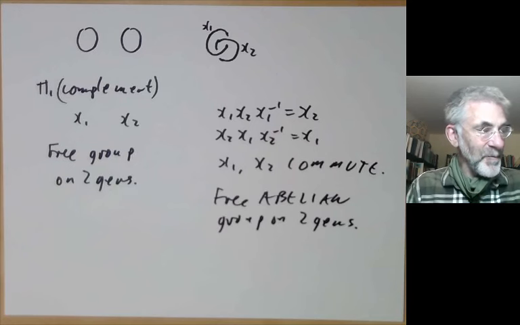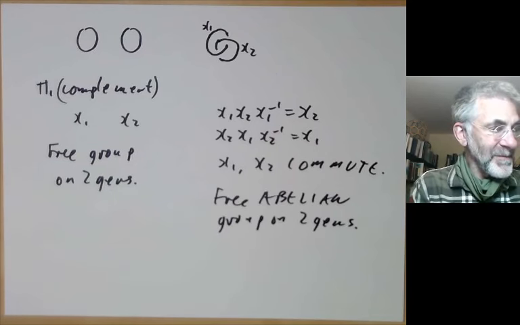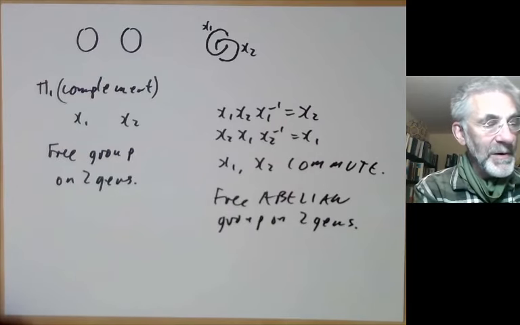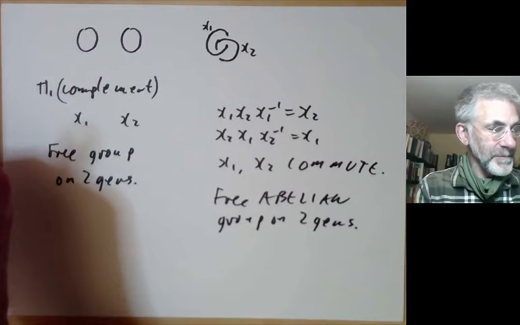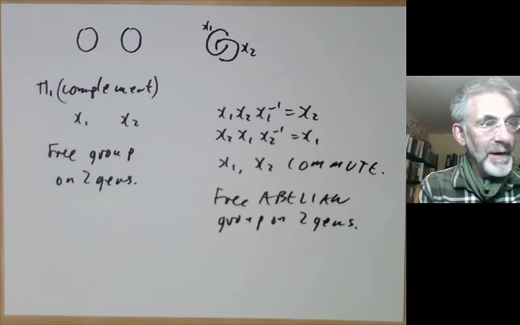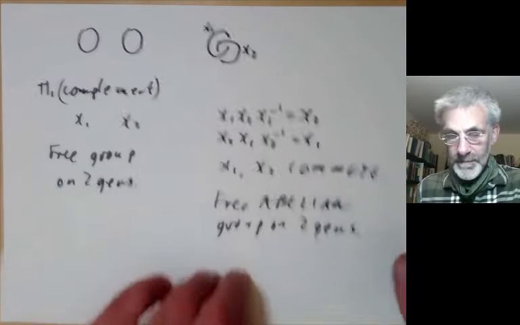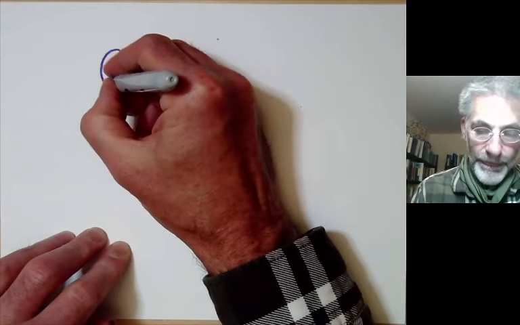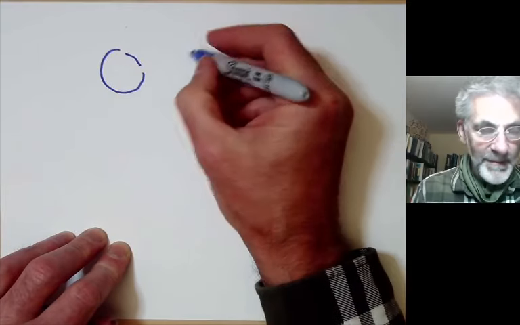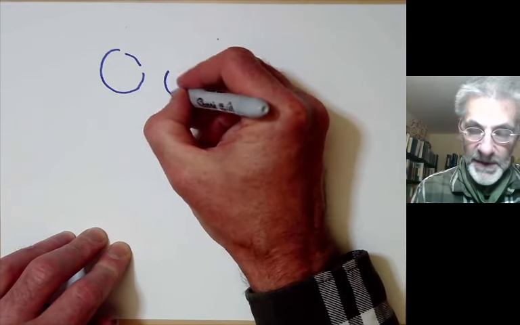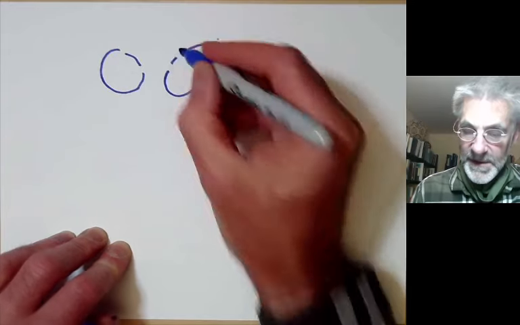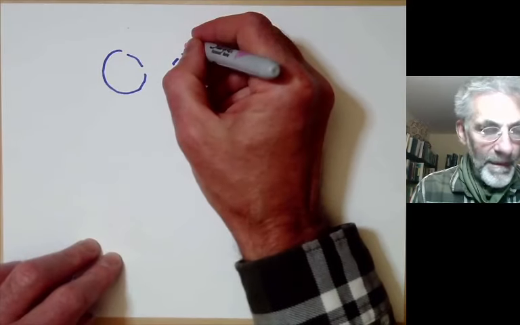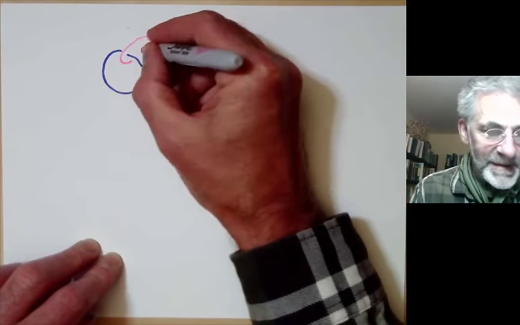There's a sort of amusing trick you can do with this. What we can do is we can take a couple of circles, and I'm going to draw these circles in blue, and I'm going to take 2 unlinked circles, so I'm going to have them like this, and I can draw a sort of loop going round them like this.